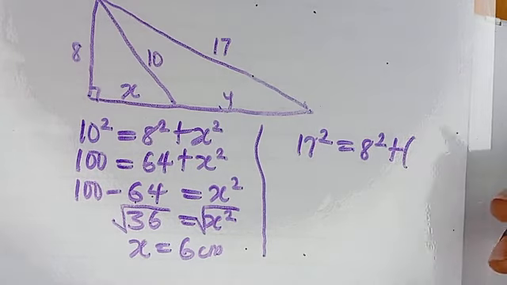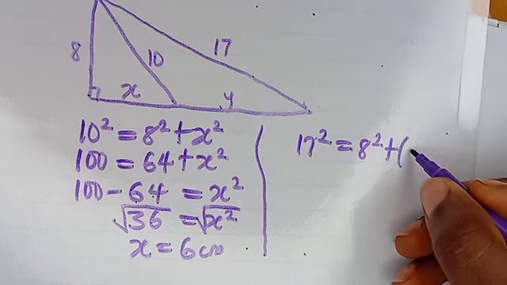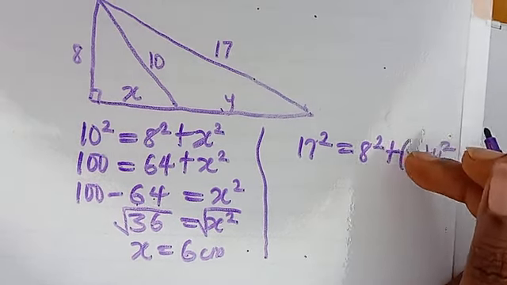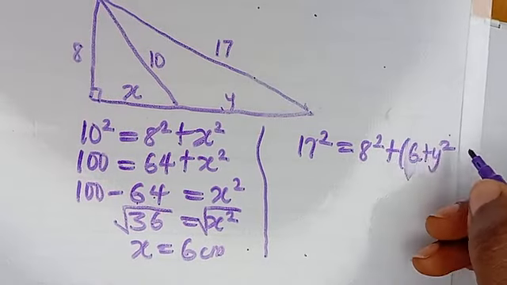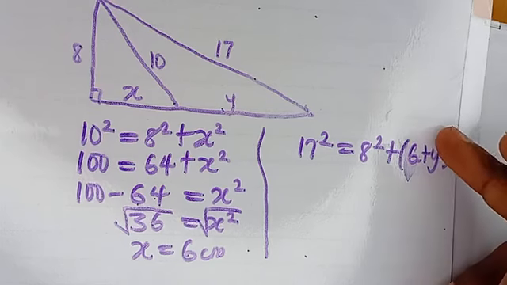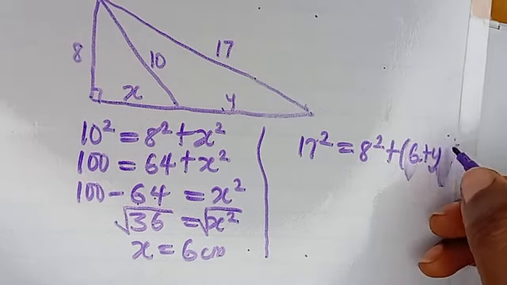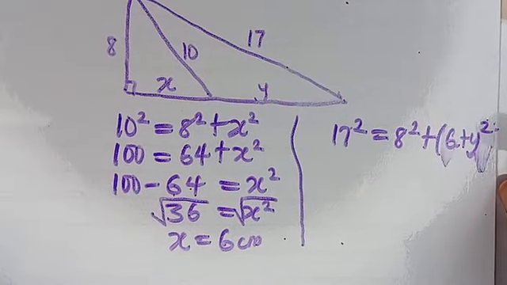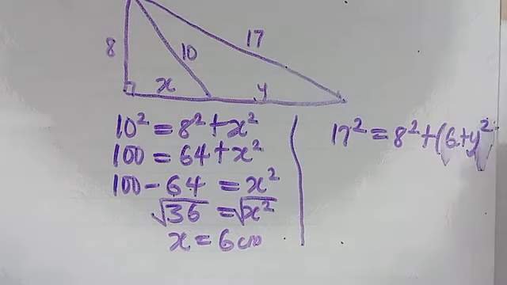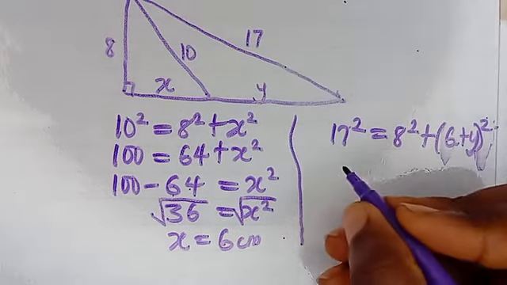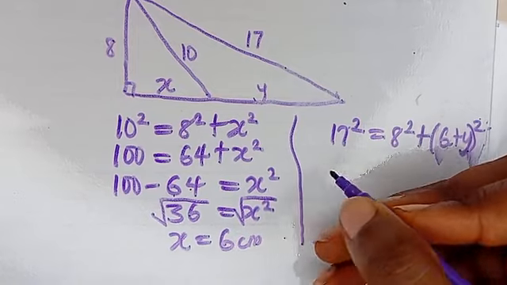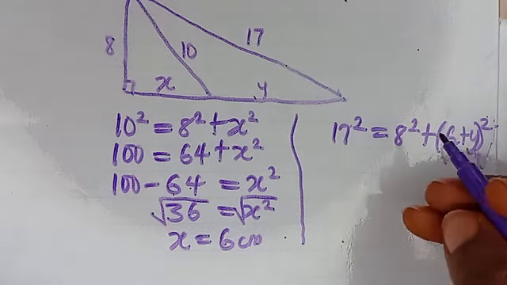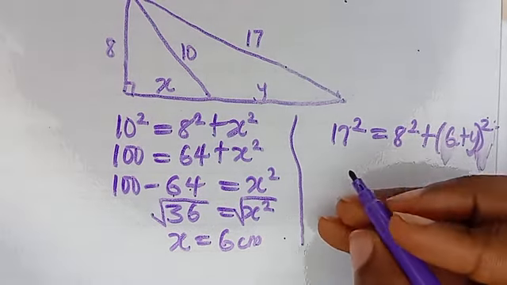So we could call it a particular letter, or we just say x plus y squared, or just, since we found x, let's have it as 6 plus y squared. 6 plus y squared, all in a bracket here. Now, we are going to have that 17 squared. So we take this over to this other side.